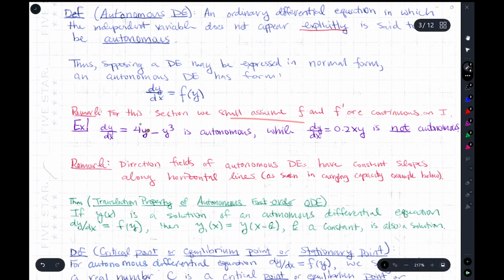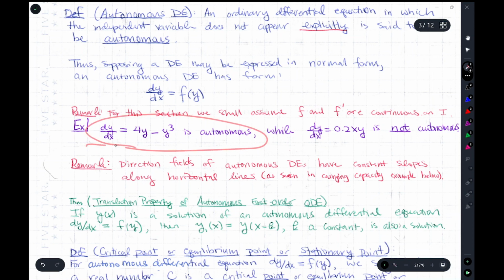And for this section, we're going to go ahead and assume that f and f prime are continuous on the intervals we look at, just so we could say things from the theorem that we've looked at before, that we're guaranteed an existence and uniqueness of solutions if these conditions hold within a rectangle.